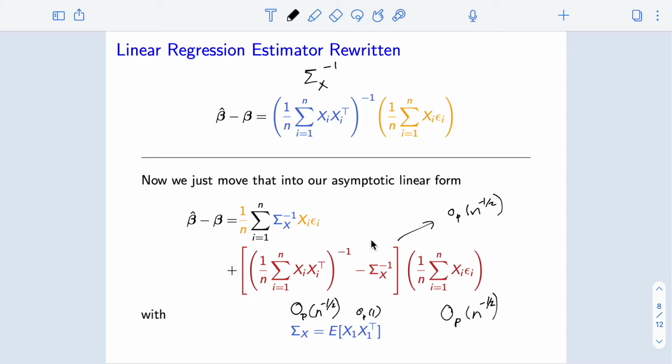So all of that work here was basically to say this is going to be a remainder term. We don't have to care about this really ugly thing. And instead, all we have to do is care about this, our empirical average of IID terms.